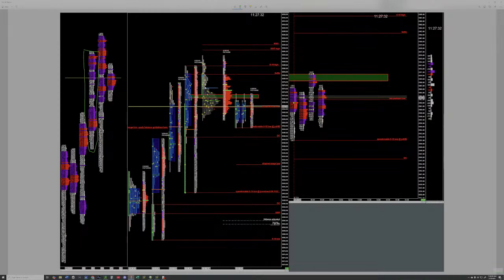Remember when we talked about how this was a very typical trending day, with double distribution, right? One distribution on the low side, another one on the upper side. A typical trending day, but with some rebalancing at the close going on up here.